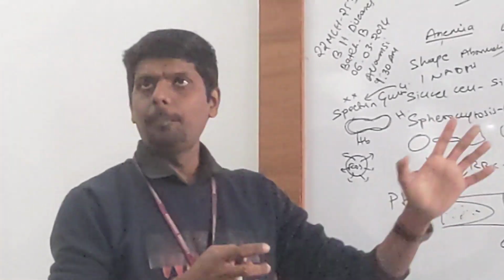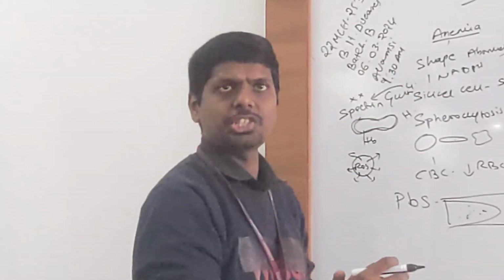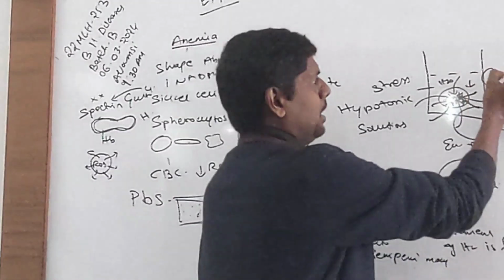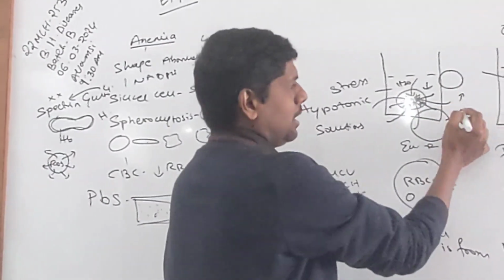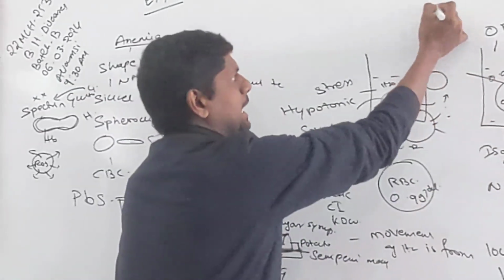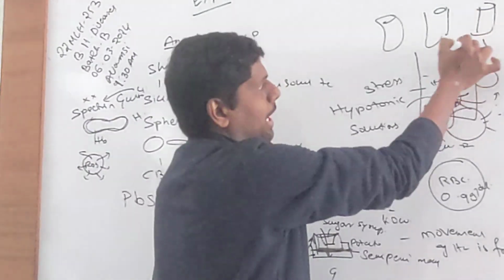Yeah. Now pay attention. In spherocytosis, the red blood cell is already spherical in shape. That means in spherocytosis, even less. Okay, what I will do is, I will keep a serial dilution of hypotonic solution, hypotonic solution 1, 2, 3.